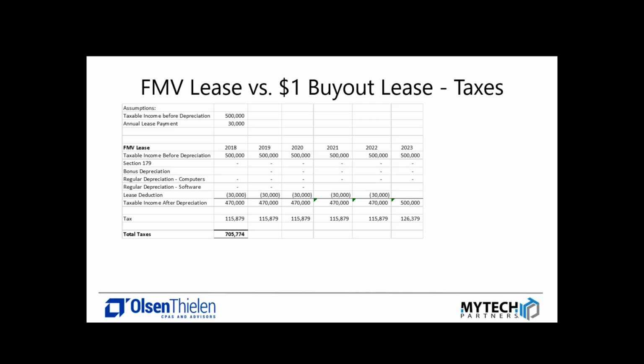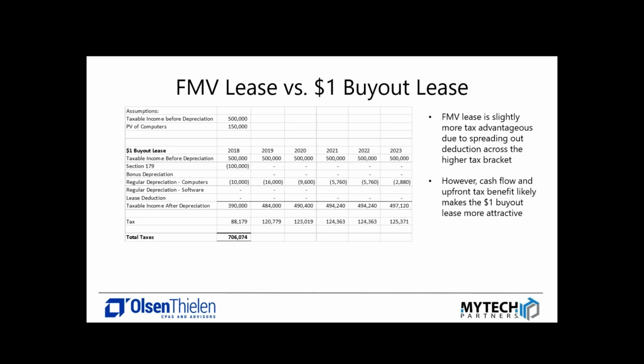So you're spreading out the deduction over the higher consistent tax bracket, whereas in the $1 buyout, you're taking a larger hit, and you're reducing some income that's taxed at a lower bracket. But the real benefit is that you're getting a real dollar tax benefit when you file your return, without having to fully expend the funds to buy that equipment, if that makes sense.